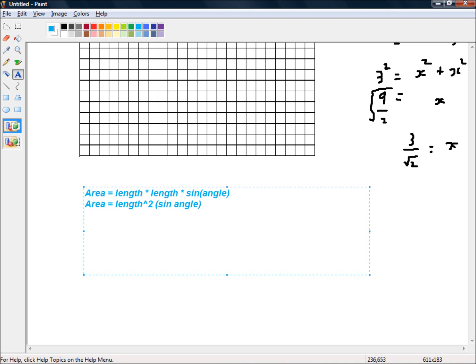Okay then, so let's see if that works. We said it's a length of 3 and the angle was 45 degrees. So the area is equal to 3 squared, or 3 times 3, times the sine of 45 degrees.